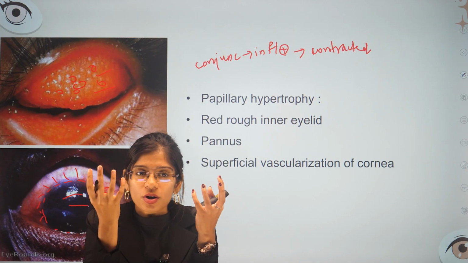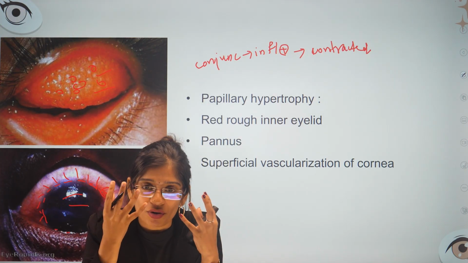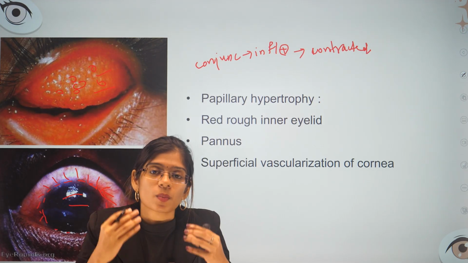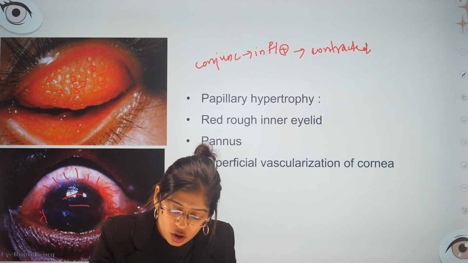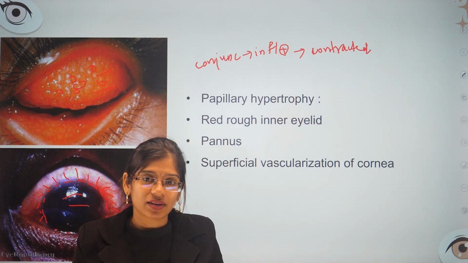Because of chronic inflammation, the conjunctiva becomes slightly contracted and this part of the conjunctiva will come near the cornea. And of course, as a response to chronic inflammation, scar formation happens in the conjunctiva.